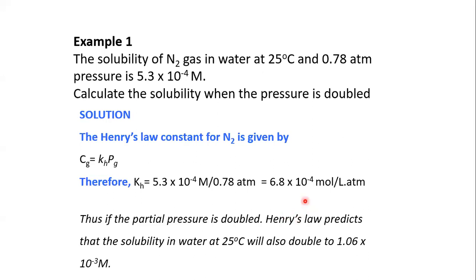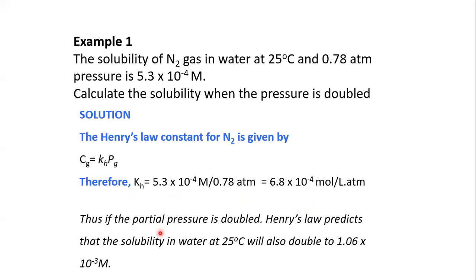So here we calculated the KH for the nitrogen gas, because when you make KH the subject of the formula, it becomes solubility divided by pressure. So there you have solubility divided by the pressure, and what you get is 6.8 times 10 raised to power minus 4 mole per liter atmosphere.